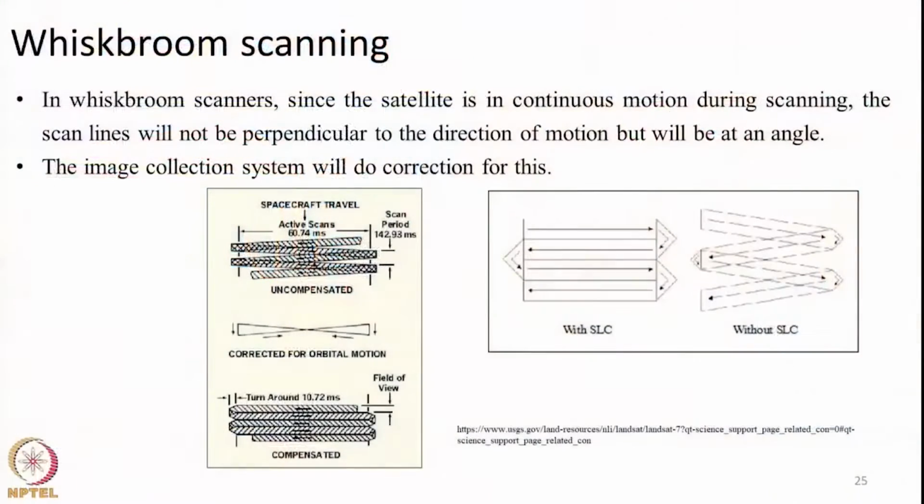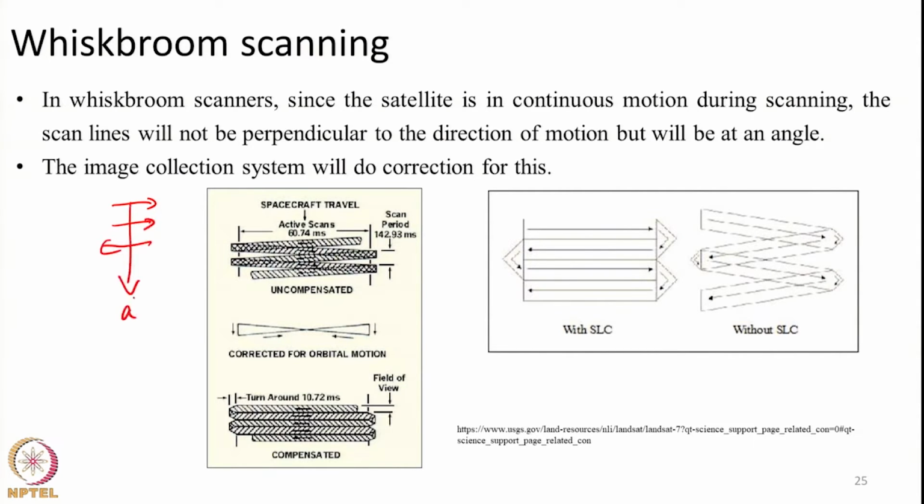So, as the scanner is scanning, the satellite will be moving forward. The scan will not happen in a perfectly perpendicular direction, it will happen in a skewed direction, that is, the satellite will be moving and scanning will be happening together like this. Look at this particular figure in the diagram. So, the scanning will not happen like this.